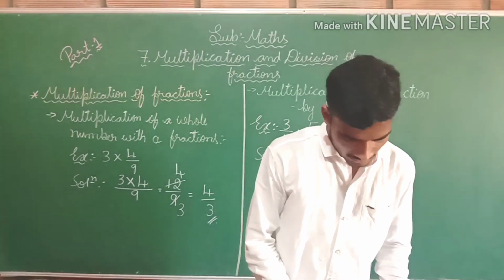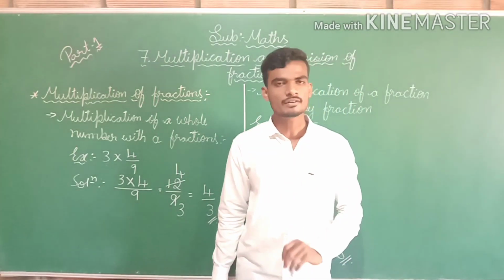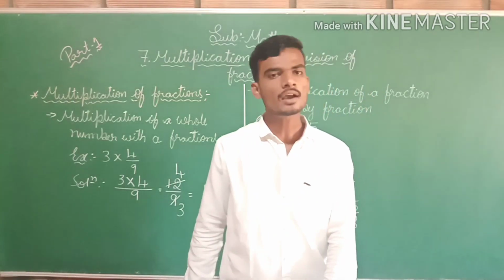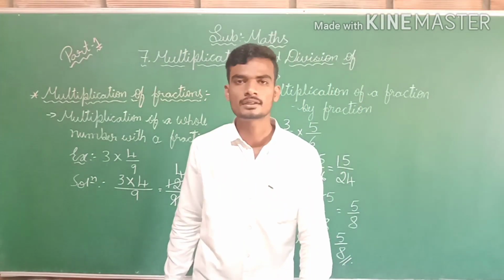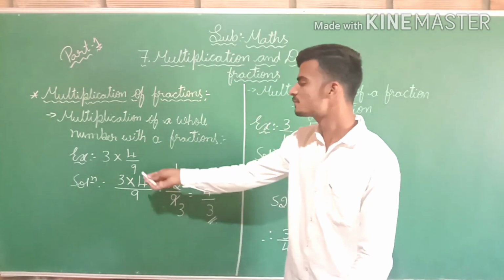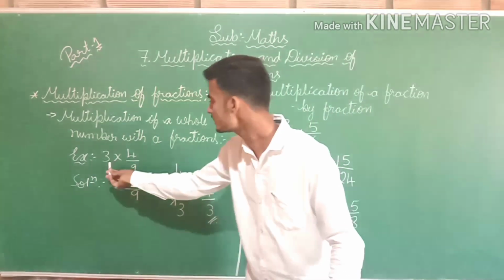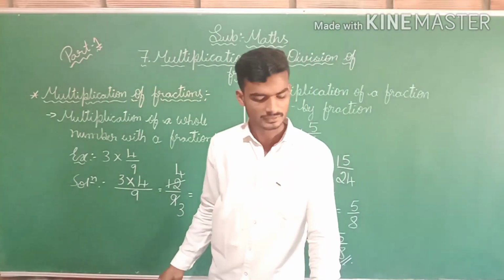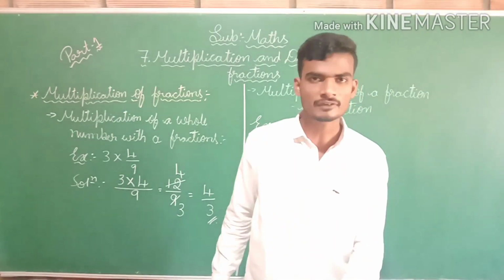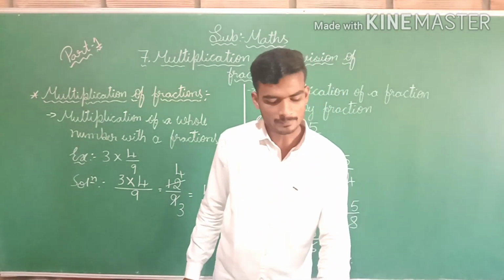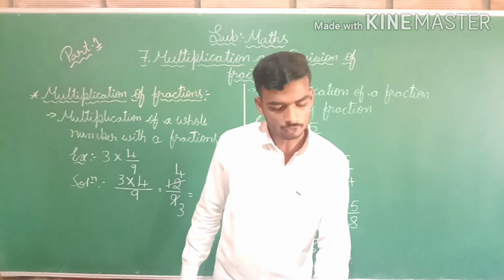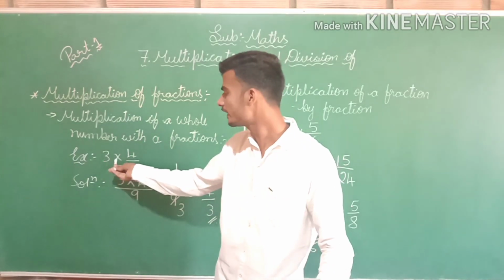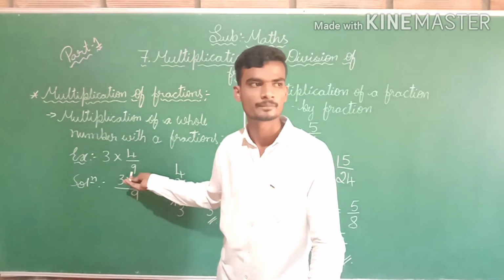Dear students, here are a few problems in your exercise. Exercise 7.1 A main: find the product. The first problem is given in a similar way. All the problems are the same. Here, 3 into 1 by 3 is the first problem. Then in the second problem, 7 into 4 by 5, in place of 3 here is 7.